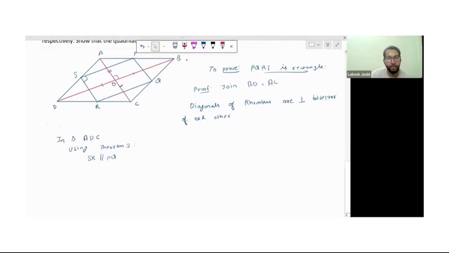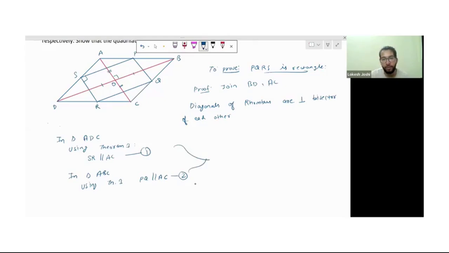Okay. Now in triangle ABC, we can say using theorem 1 again, PQ is parallel to AC. Not SR with PQ, it's AC; we are considering the triangle. Now suppose this one is equation 1 and this one is equation 2.